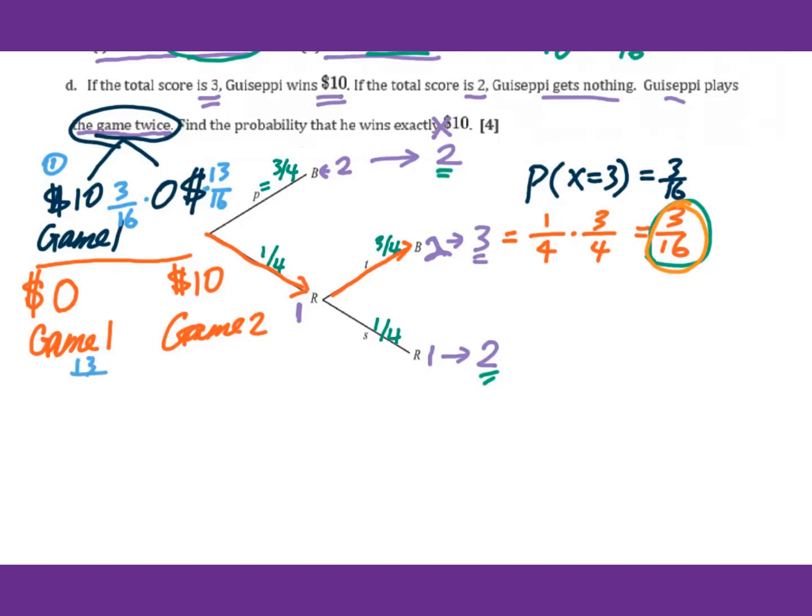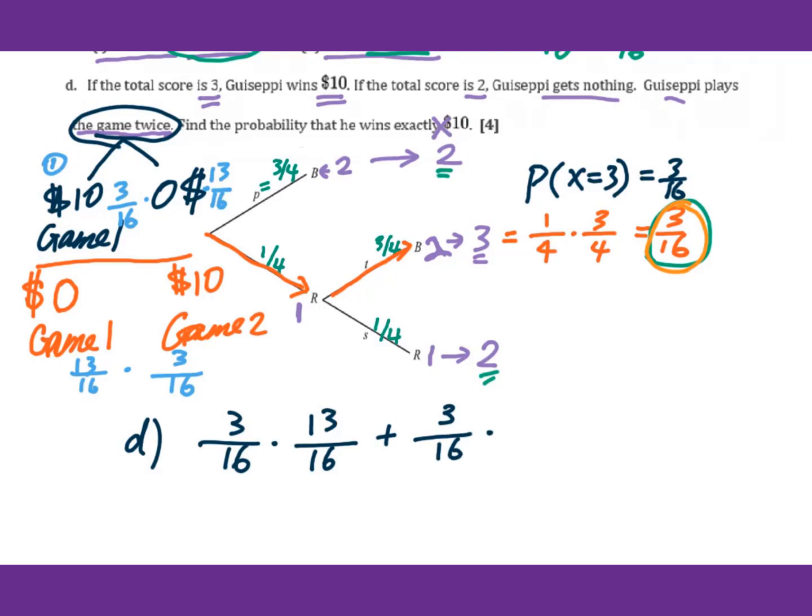This is a 13 over 16 times 3 over 16. Then you adding together will be your answer. So we have D, 3 over 16 times 13 over 16 plus 3 over 16 times 13 over 16 equals 39 over 128 will be the solution.